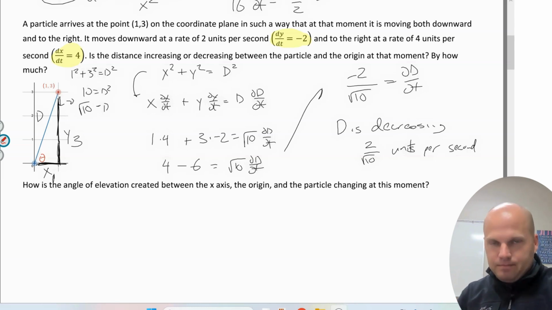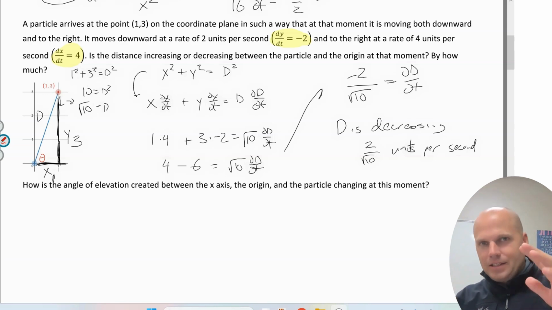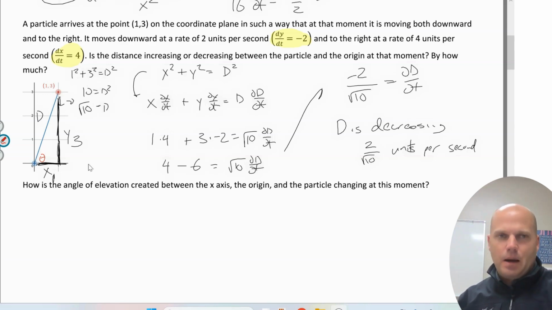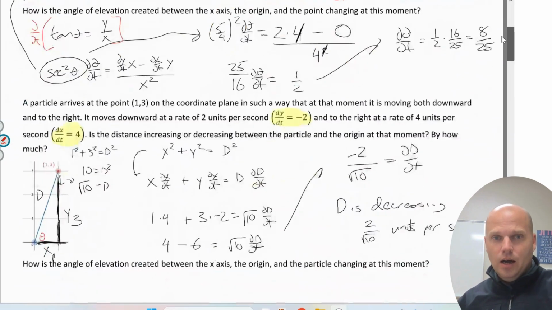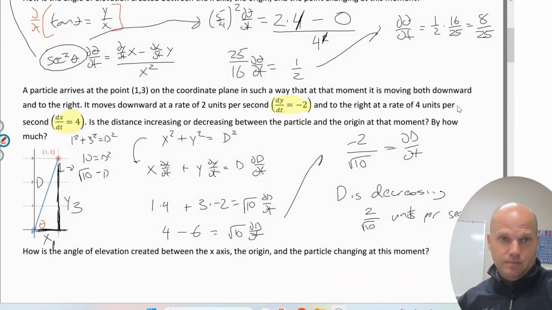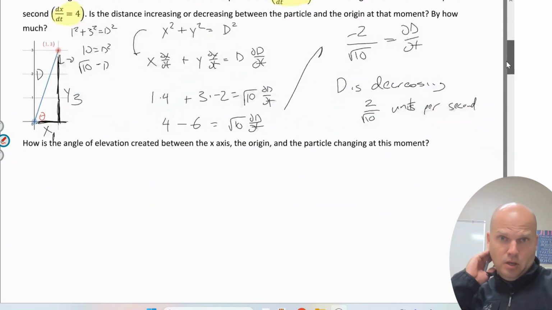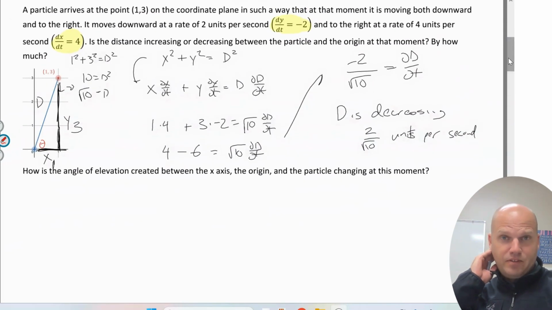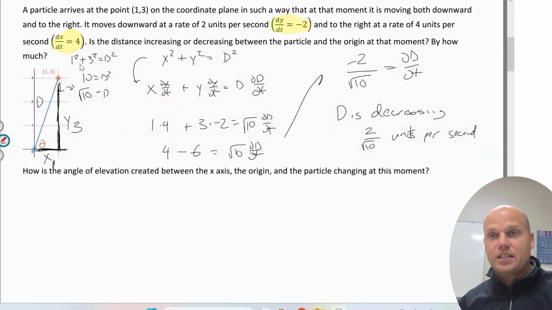This one again, I don't have dd dt, and I probably should have gone back and showed you how if you had dd dt, you could use it since you've already found it. But let's pretend we don't have dd dt and we're just looking at this as a new problem. We just have dy dt and dx dt.